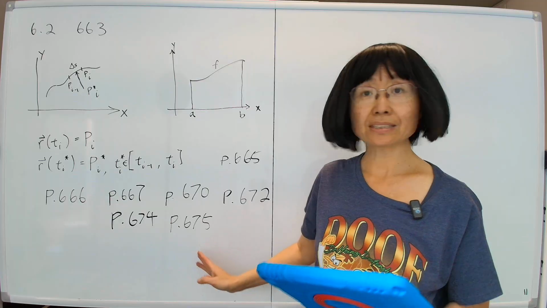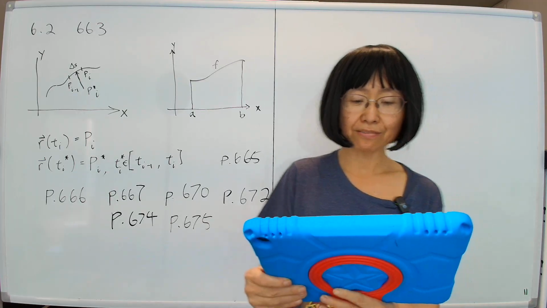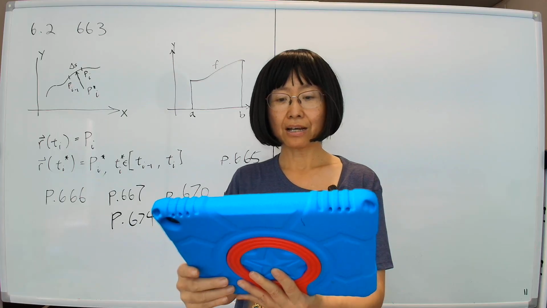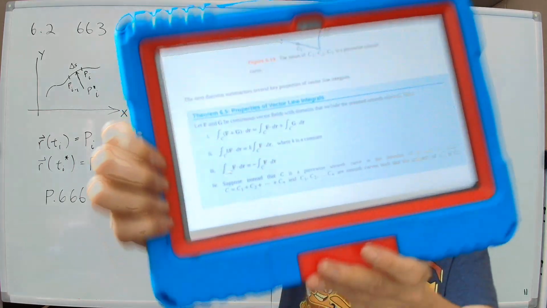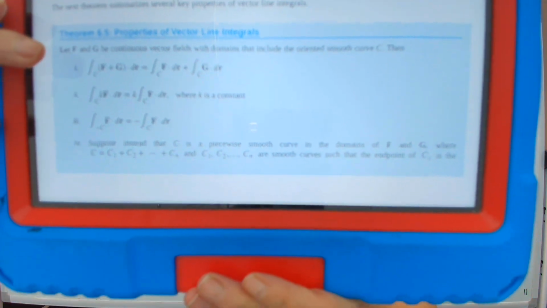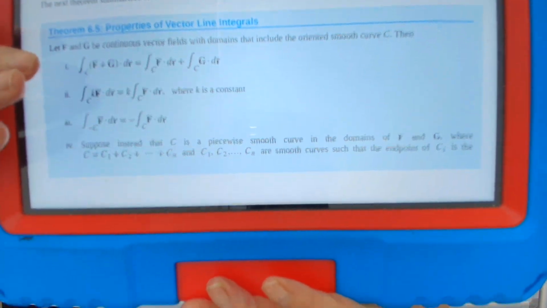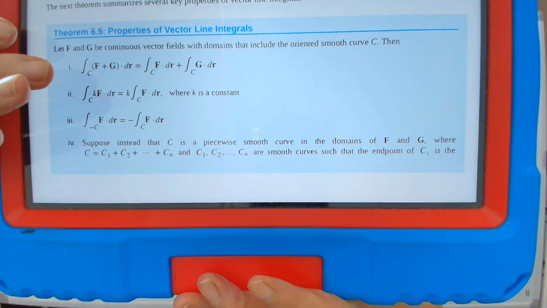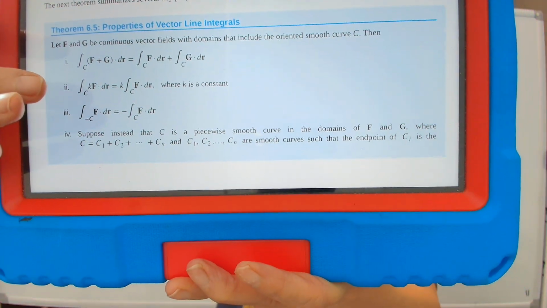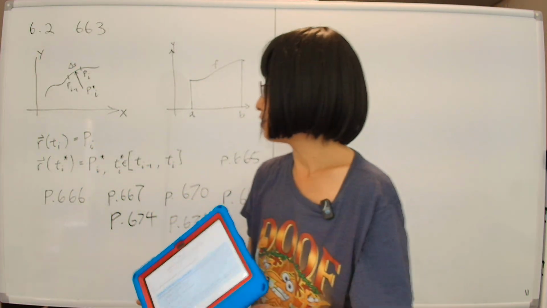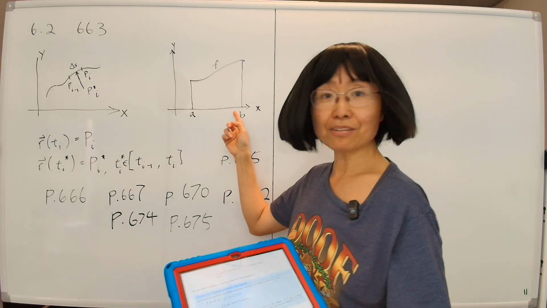Next, let's look at page 675, where we have certain basic properties of vector integrals. As vector line integrals, which are the same as, well, vector or not, they all work like this, because integrals basically are friendly to addition and scalar multiplication. The third one's different, because that's talking about if you integrate this way, you get a value.